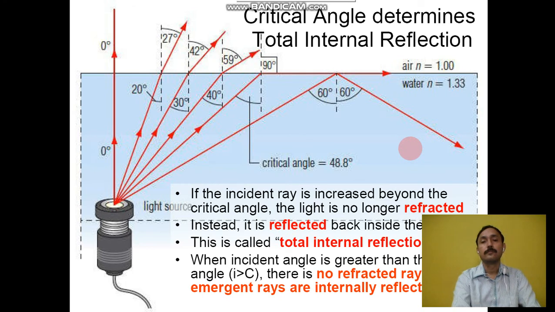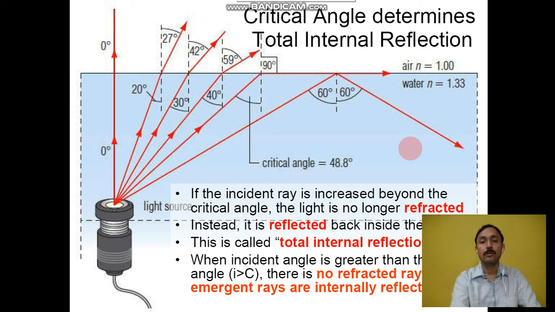Critical angle determines the total internal reflection. If the incidence angle is increased beyond the critical angle, the light is no longer refracted. Instead, it is reflected back inside the medium.